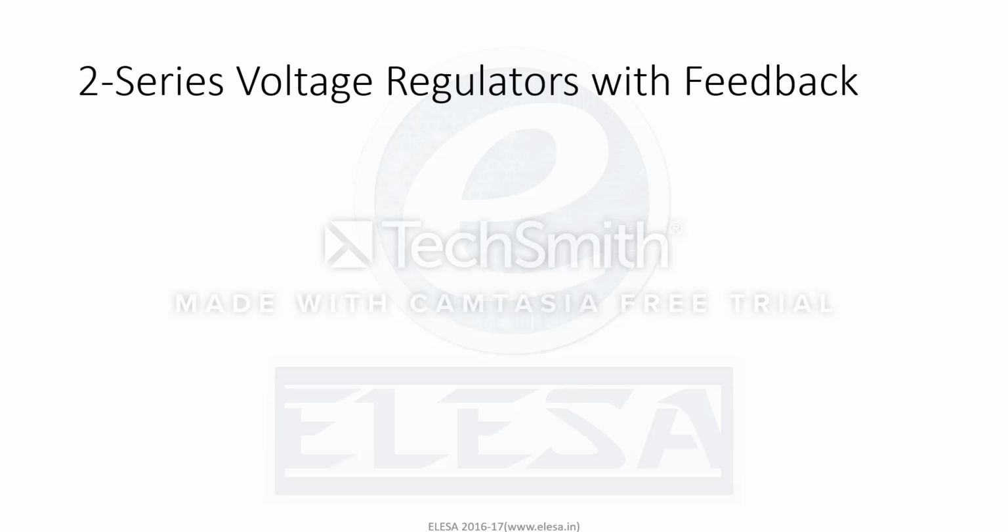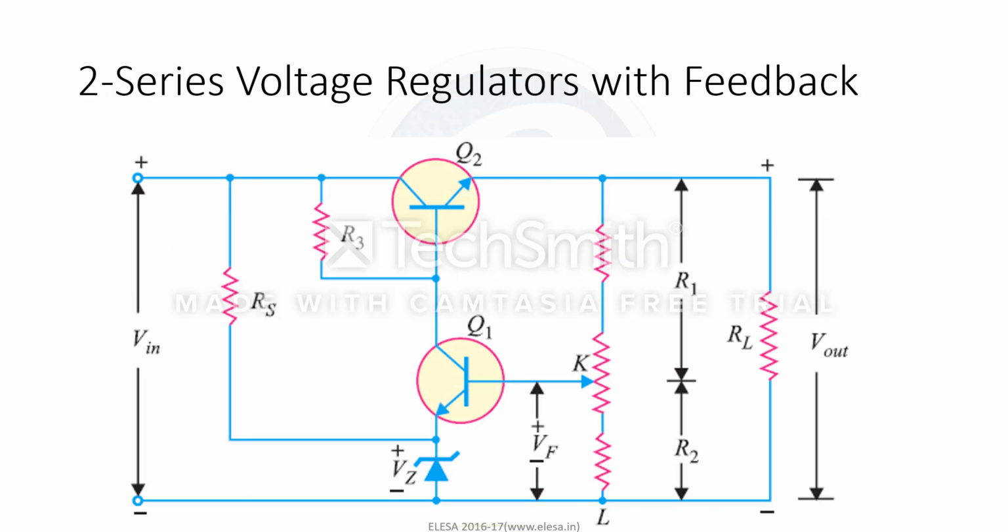Now, we are going to understand the series voltage regulator with feedback. Watch the current and voltage carefully in the diagram to understand the working and equation of this regulator. Now consider case 1. Output voltage increases. Say for any reason the output voltage increases.